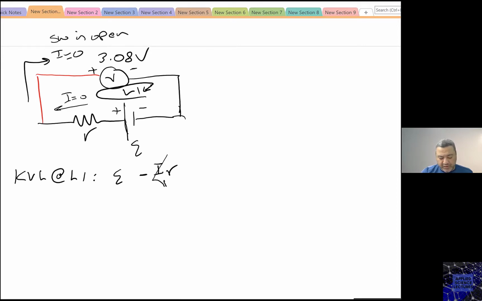So this one is zero. Then it's entering the positive terminal, so this is minus 3.08 equals to zero. And the electromotive force is 3.08 volt.